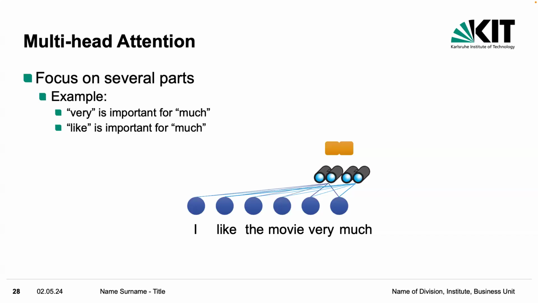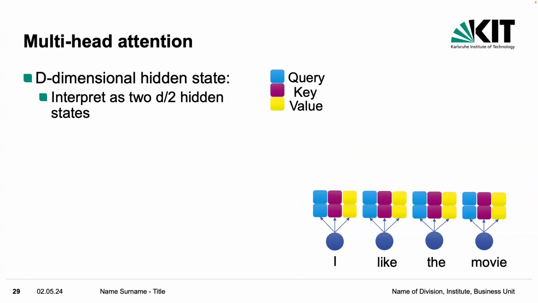And this is quite straightforward as we did it. The only thing we're doing is, if we have a d-dimensional hidden state, we can interpret it as two d-dimensional hidden states. So if our query was before a 100-dimensional hidden state, in reality the first 50 dimensions are one hidden state, and the second 50 dimensions are the other hidden state.